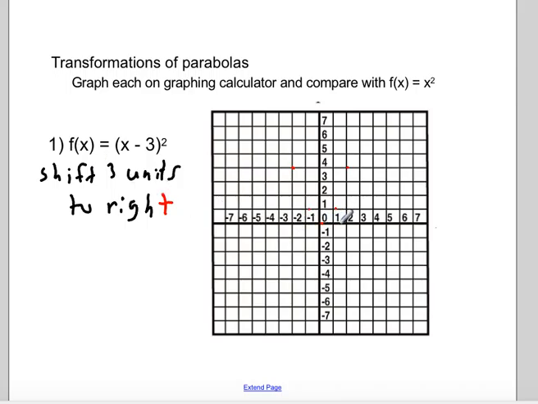So if I count over from the vertex, 1, 2, 3, now it's sitting there at 3, 0. If I take that 1, 1 and shift it over 3, 1, 2, 3, to the right, now it's sitting over there at 4, 1. If that negative 1, 1 is there, shift it over 1, 2, 3.